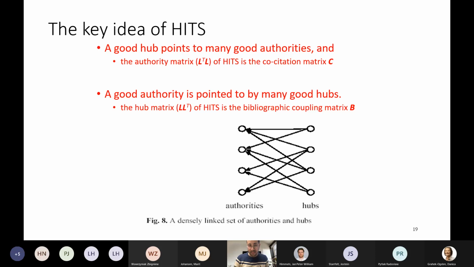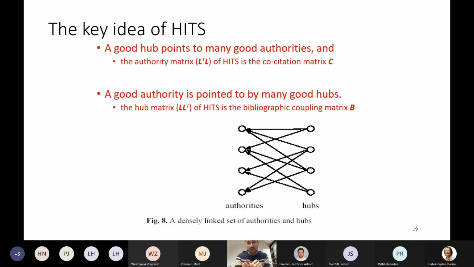If we repeat this process many times in a network, we get two measures. One is the measure of hub, which is based intuitively on the co-citation matrix. A good hub points to many good authorities. So we get two numbers: one, whether this paper is a good hub, meaning it points to many good authorities, for which we can use the co-citation matrix.